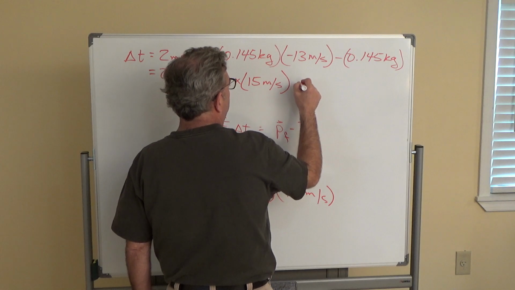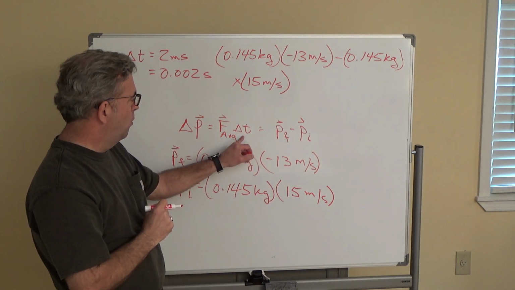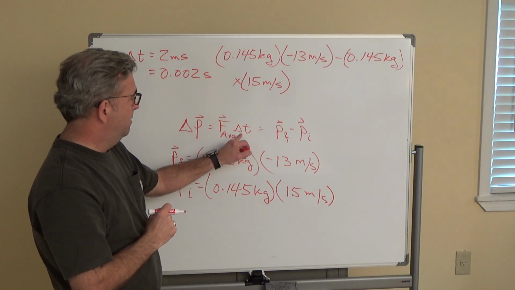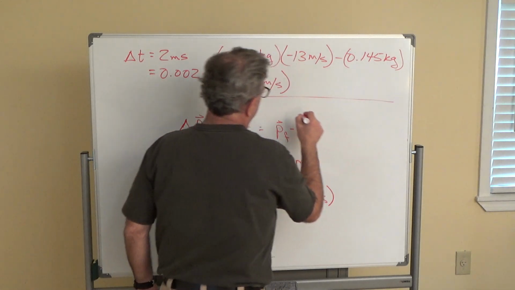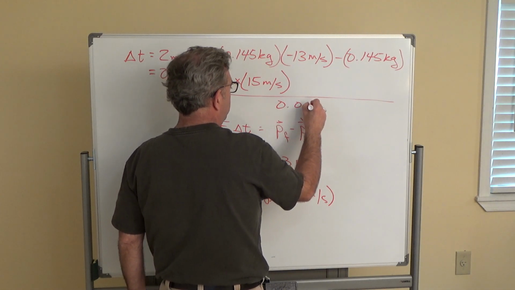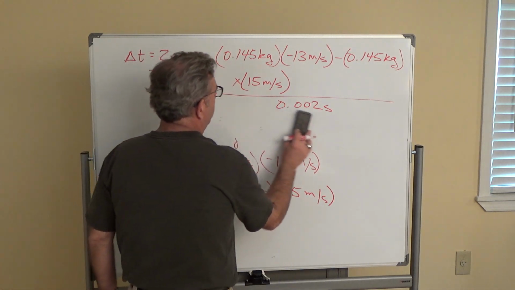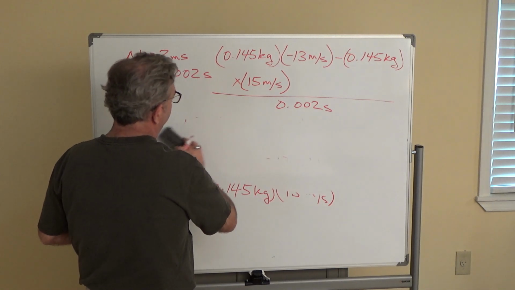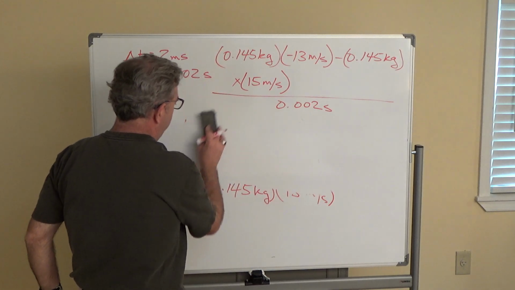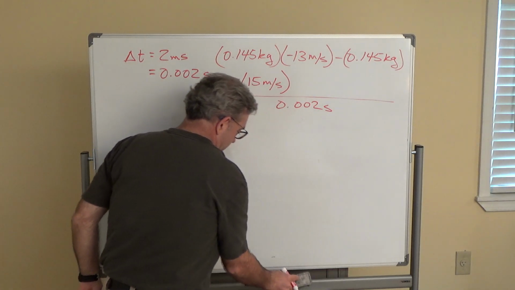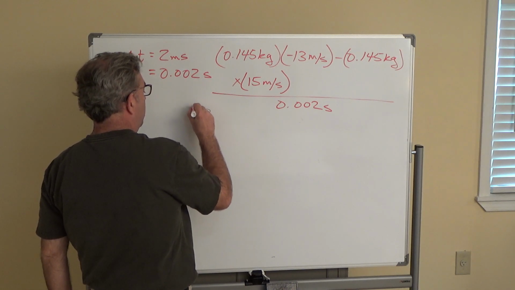And then if I'm looking for the average force, I've got to divide the entire thing by 0.002 seconds. Notice, I have a negative here. I'm subtracting another quantity. That's going to give me a net negative for the average force.